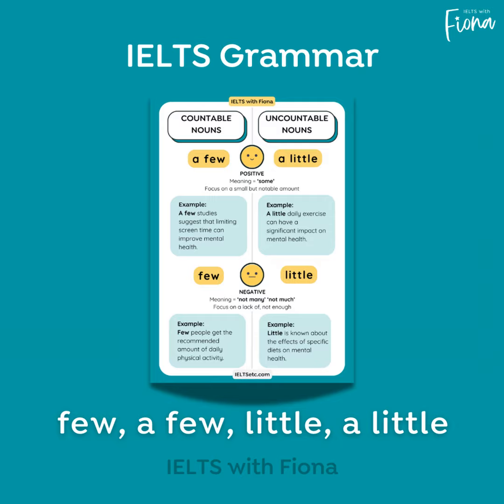Few meaning not many. And the question says, most tradesmen only went along certain sections of the Silk Road. So few, meaning not many, travelled the entire route, which means that most only went along certain sections of the route. So the answer is true.